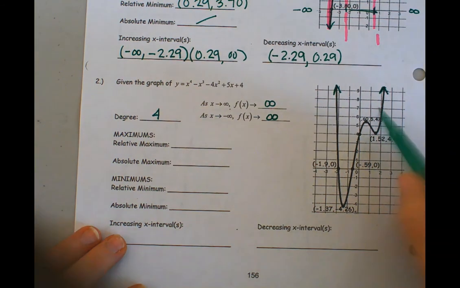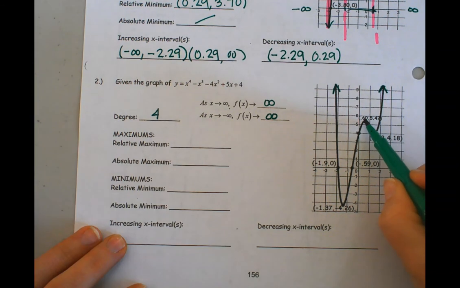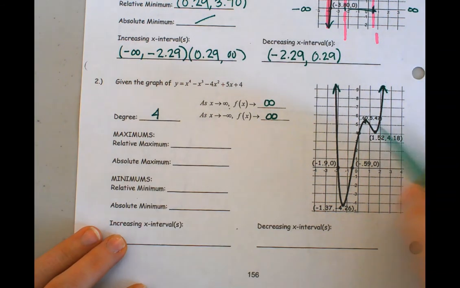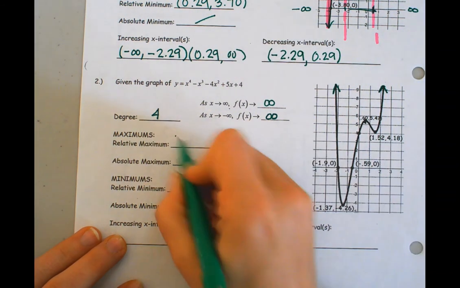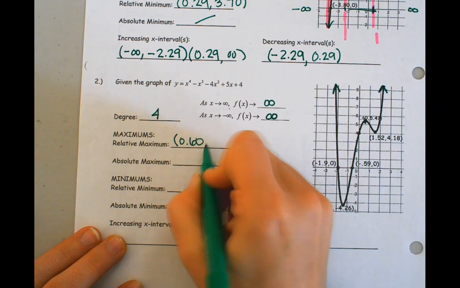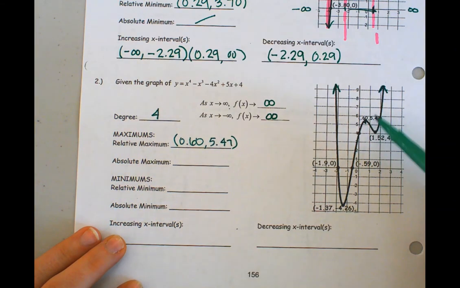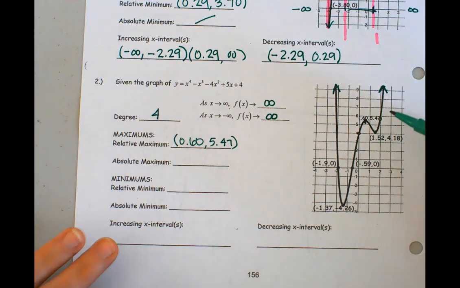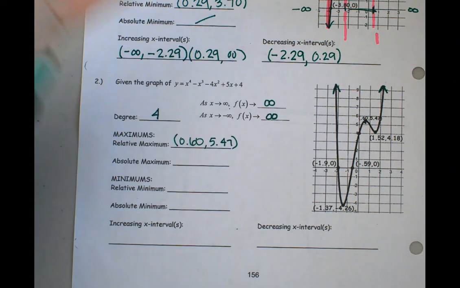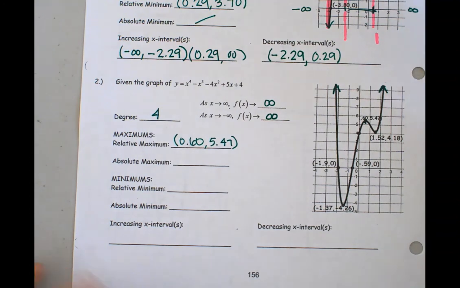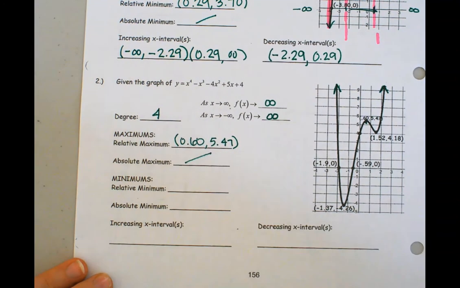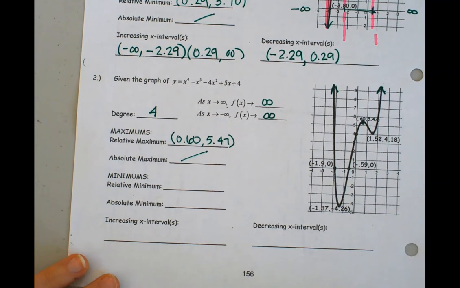So there is one here, right? That is a maximum here, a relative maximum at 0.605.47, right? That is a maximum point here. And then if you think about absolute maximum, since this graph is going up forever, there would be no highest point. So there is no absolute maximum on this graph.